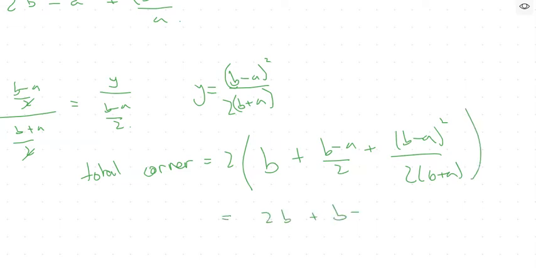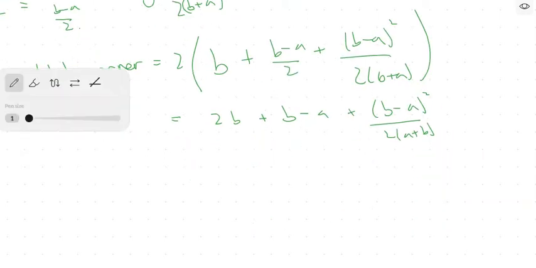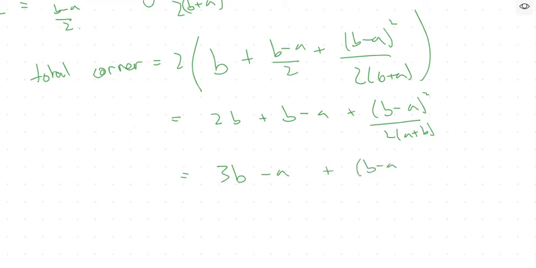So 2B plus (B minus A) plus (B minus A) squared over (2A plus B). That gives 3B minus A plus (B minus A) squared over (A plus B). Voila.